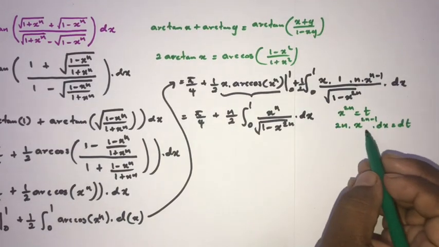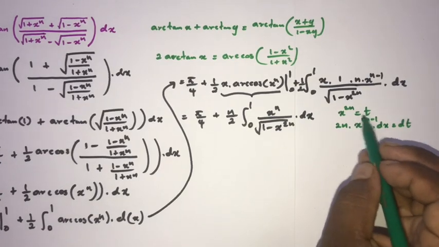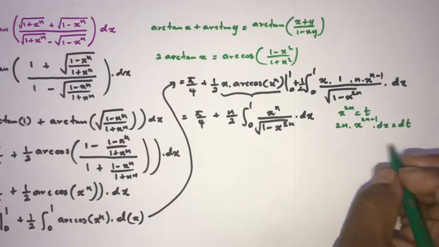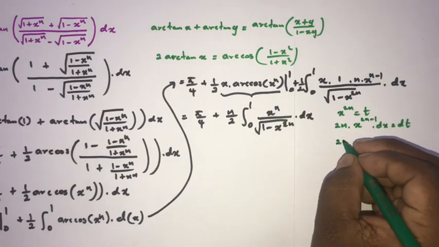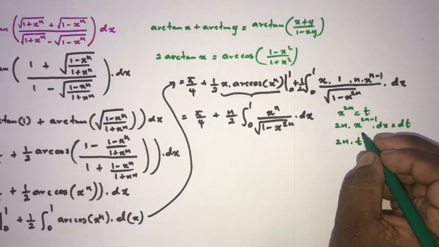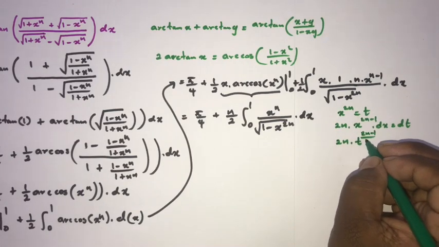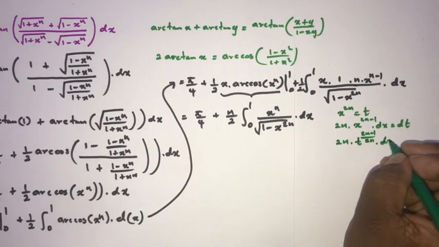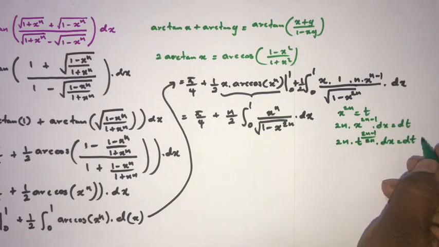Then x we know is t raised to the 1 over 2n power, so we can write 2n times t to the (2n minus 1) over 2n power dx is equal to dt.